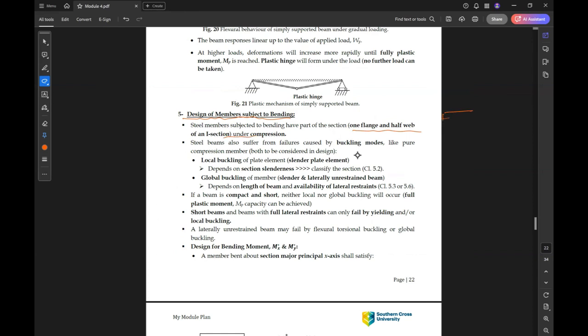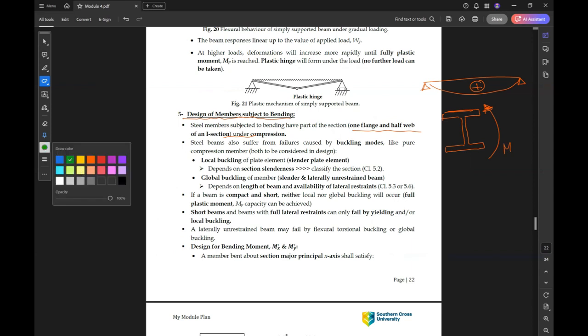So if you have a member or I section for a beam under this bending, so the moment is like that, part of the section, the bottom part, is under tension, and the top part is under compression.